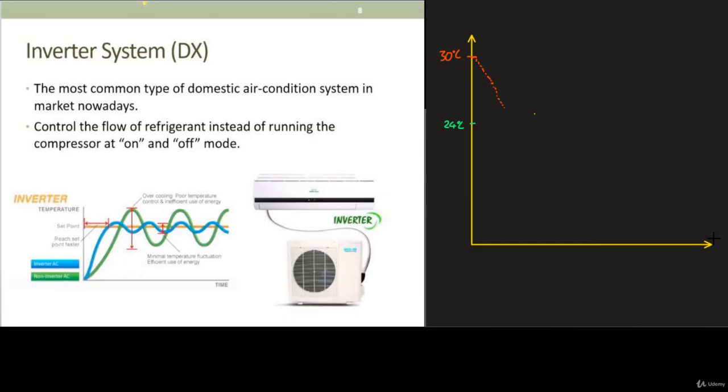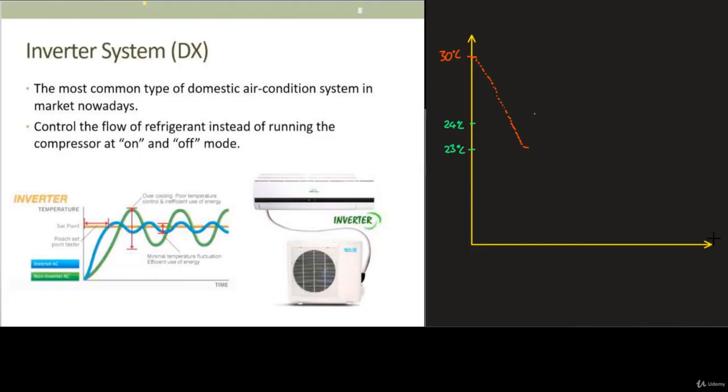But of course, it will not stop at 24. There is a band of 1 degree Celsius, so your compressor will continue to cut in and run until it hits the lower bound, which is 23 degrees Celsius.